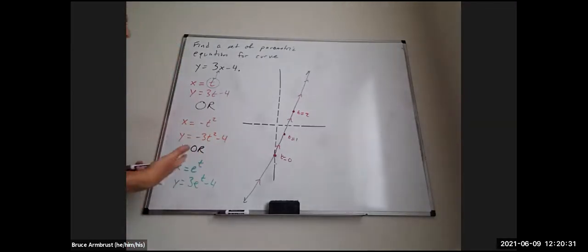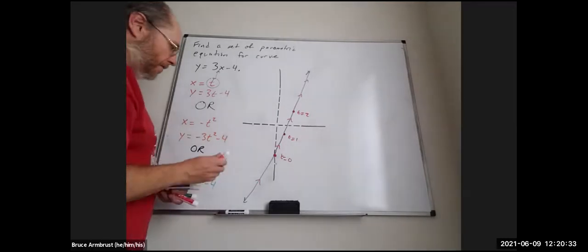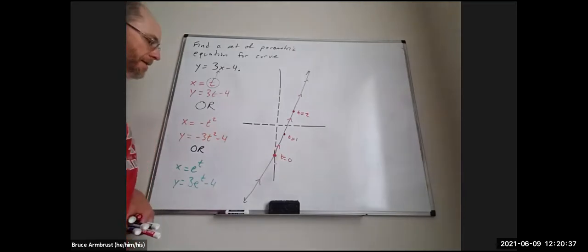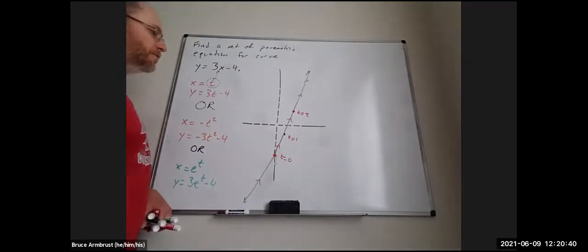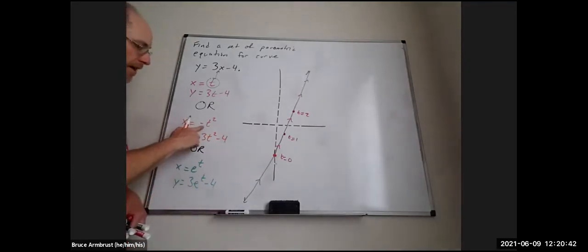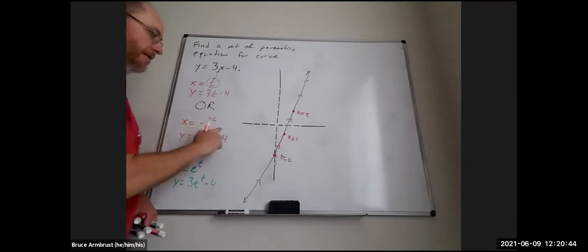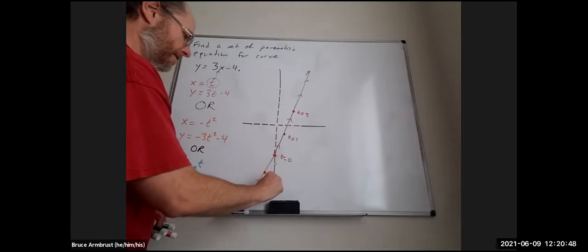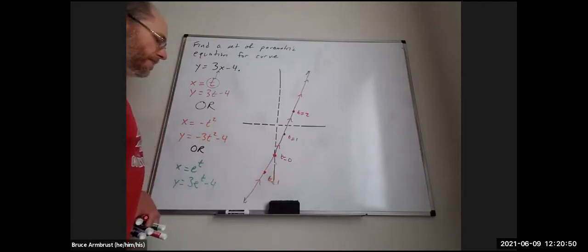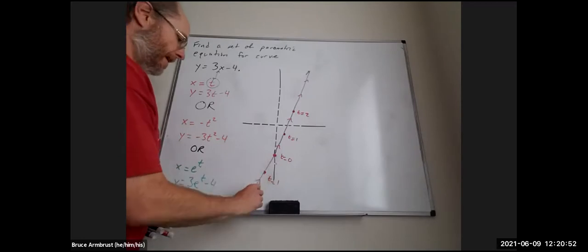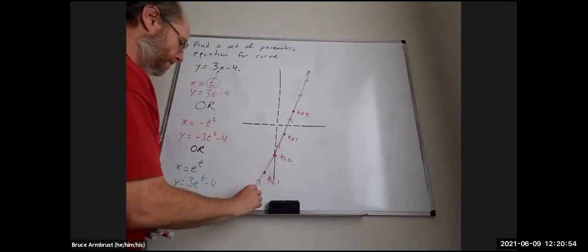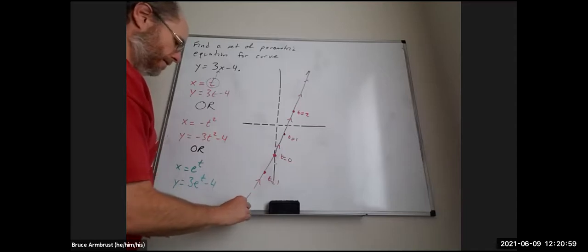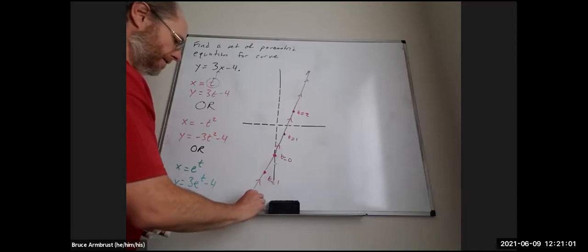If we're at t equals 0, we're at the same point, right here. But if we go to t equals 1, our x is going to be negative 1, and our y is going to be negative 7. When I go to t equals 2, I'm at negative 4. That's way down here.